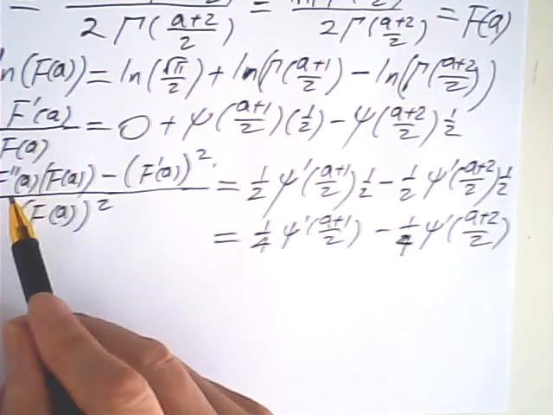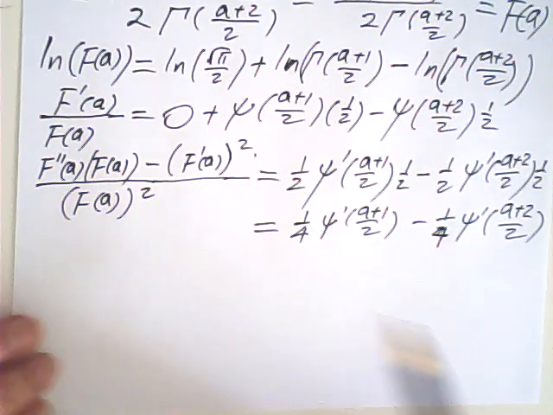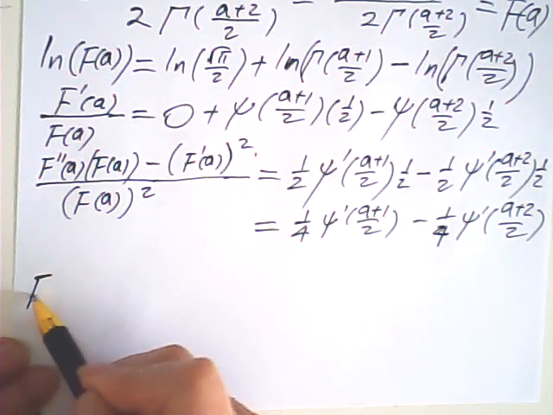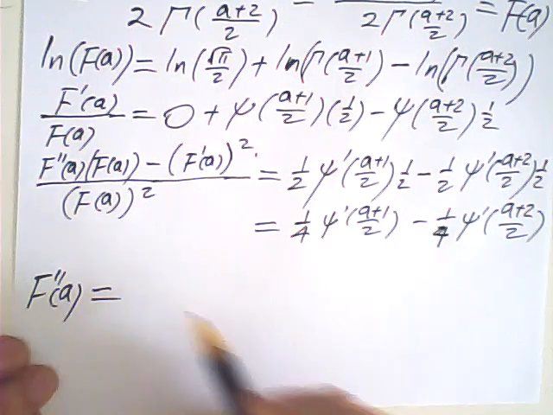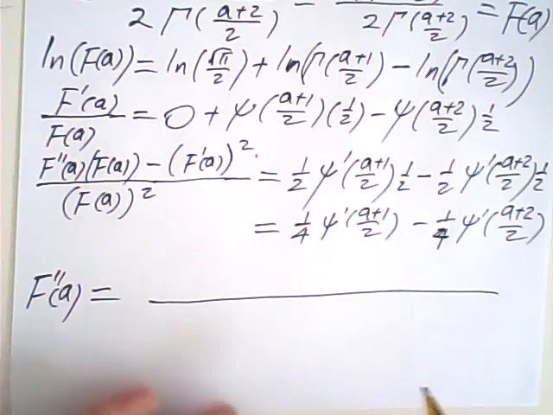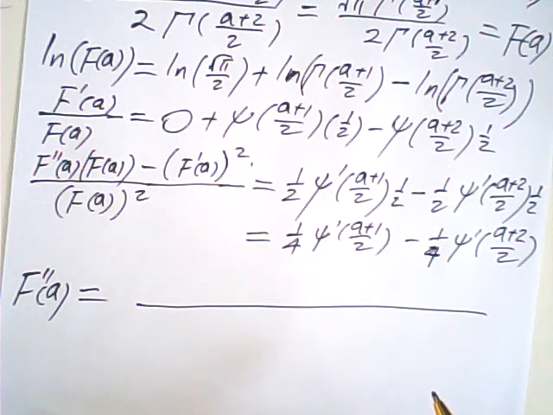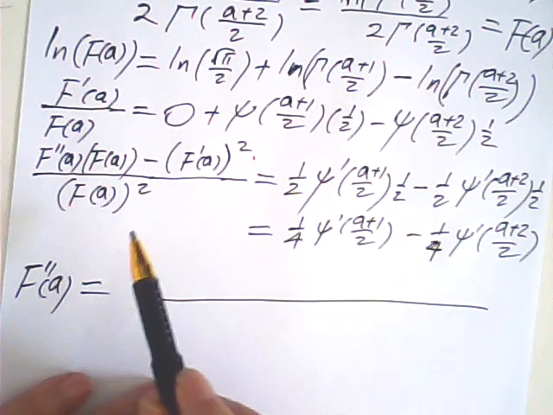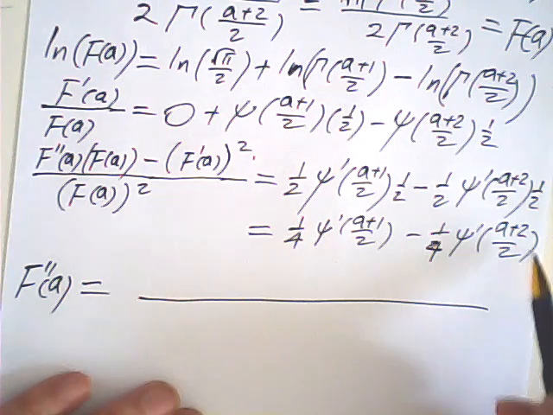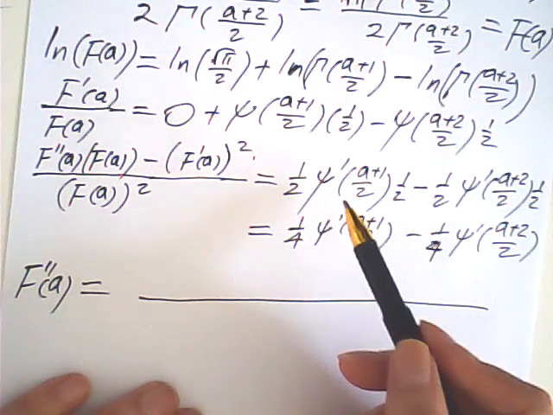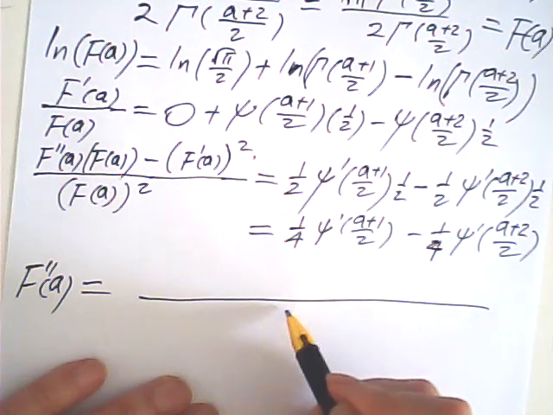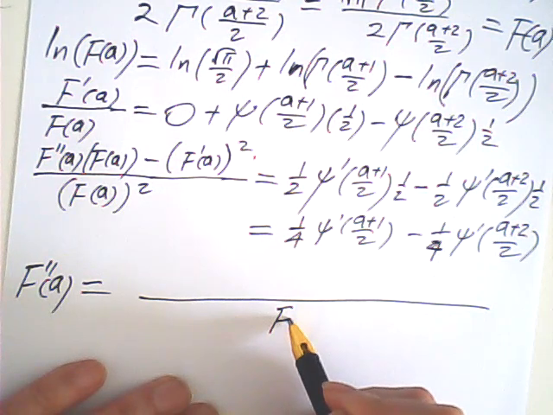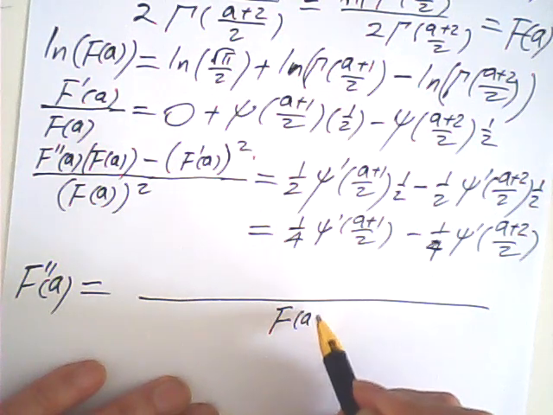Now I can find f double prime. So my f double prime of a is equal to, wow, this will be here, okay. This one times this, right? And move this one over there and divide by this. That will be f of a.